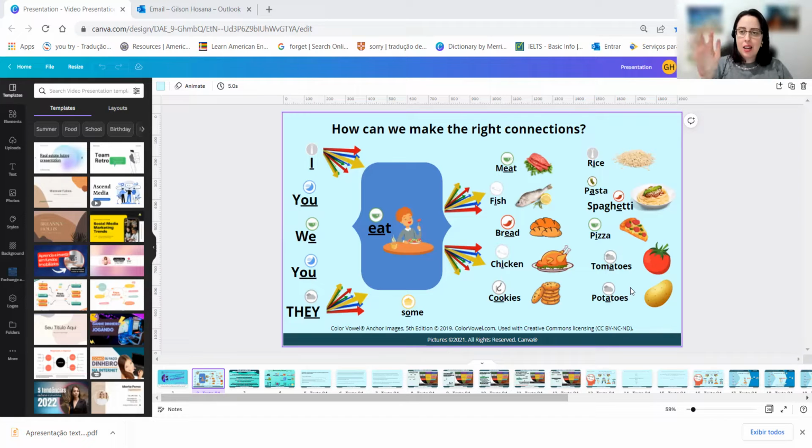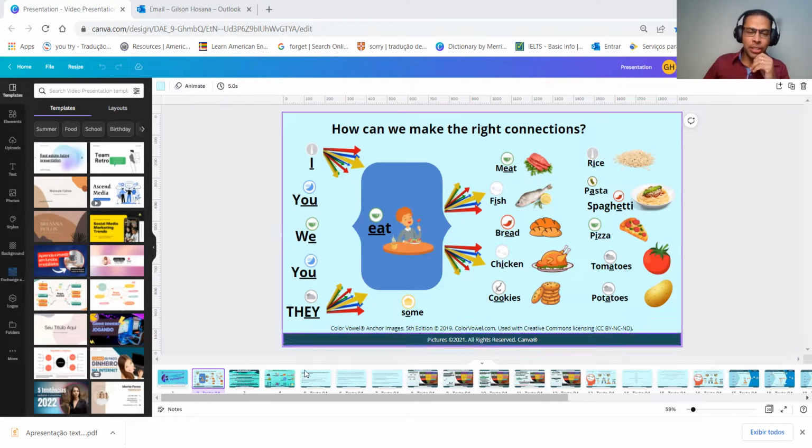Grade A tomatoes. Pay close attention here that we have the picture dictionary. This is how we can think in English. We don't need to make a translation to know that this means tomato. I need only to think tomatoes.